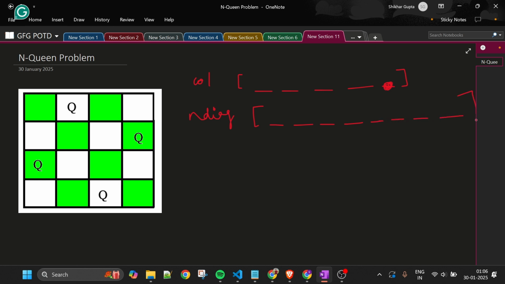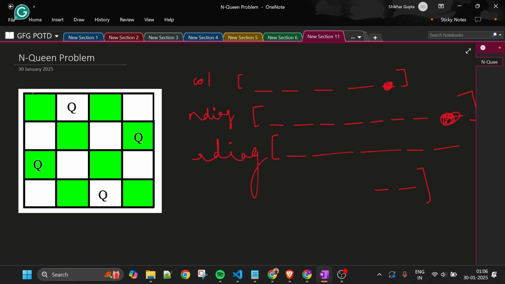Okay. Something like this. I think I have added one more index. So 7 length normal diagonal and 7 length right diagonal as well. Okay, something like this. Okay, all right, very, very good till this point.